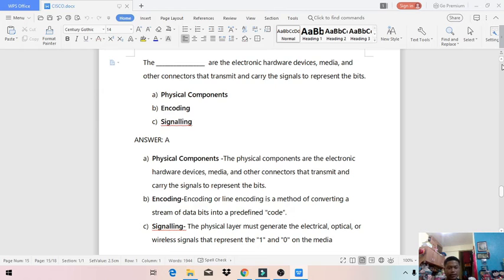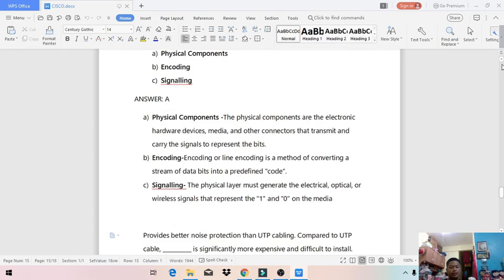The correct answer is letter A, the physical components, because the physical components are the electronic hardware devices, media, and other connectors that transmit and carry the signals to represent the bits. While letter B and letter C are encoding and signaling. Encoding is a method of converting a stream of data bits into a predefined code, but signaling is the electrical, optical, or wireless signal that represents the 1s and 0s on the media.